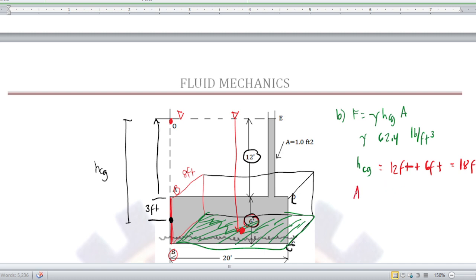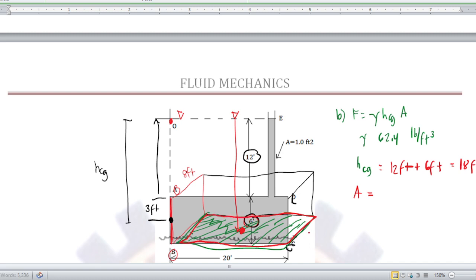Now, how about for the area? Again, we are trying to determine the force at the bottom. So therefore, you have to focus on this area here. So what do you think is the area? So still it is rectangular.